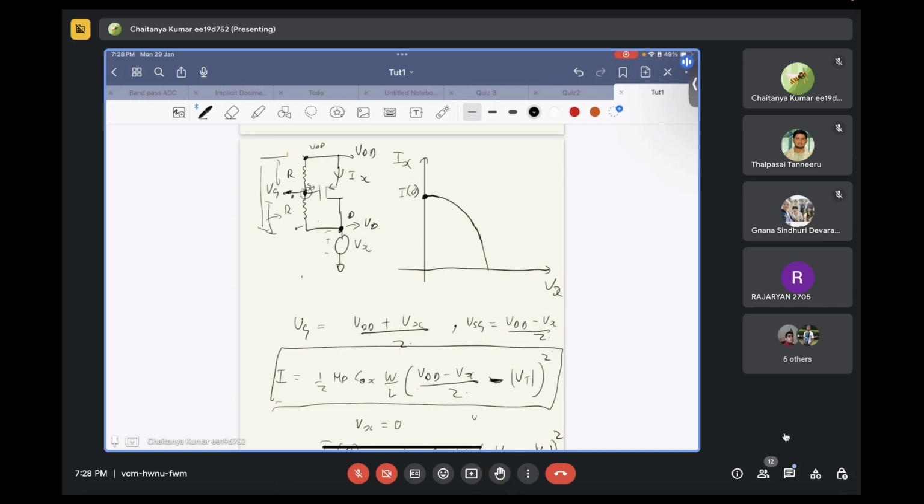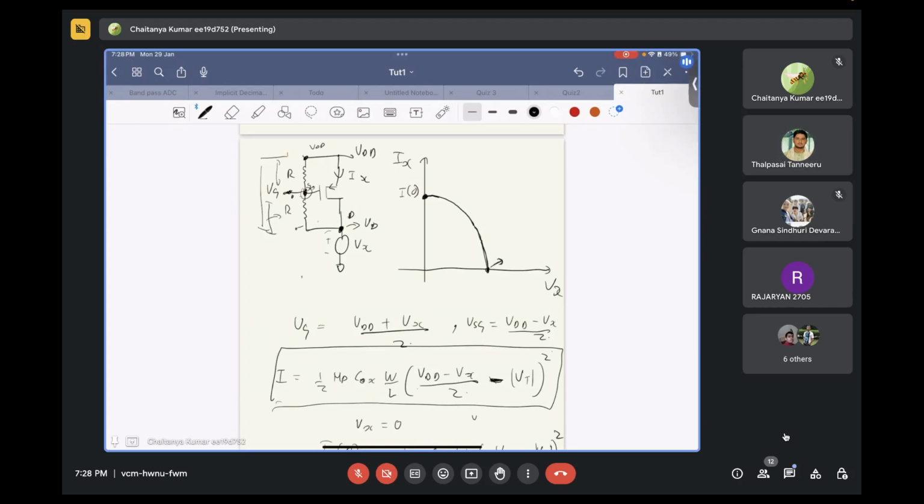Where will it cut the zero axis? What will be this value? VDD, sir. Are you sure? Yes, sir. Because at that place the current will be 0, so it should be VDD.